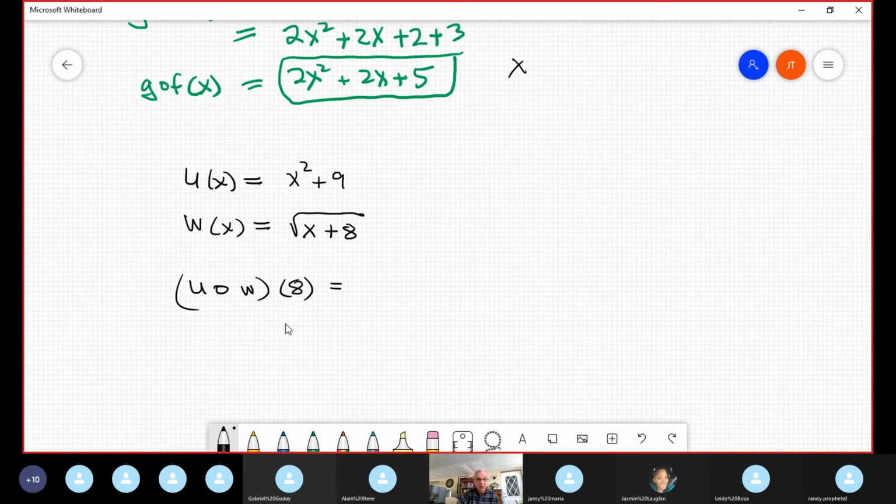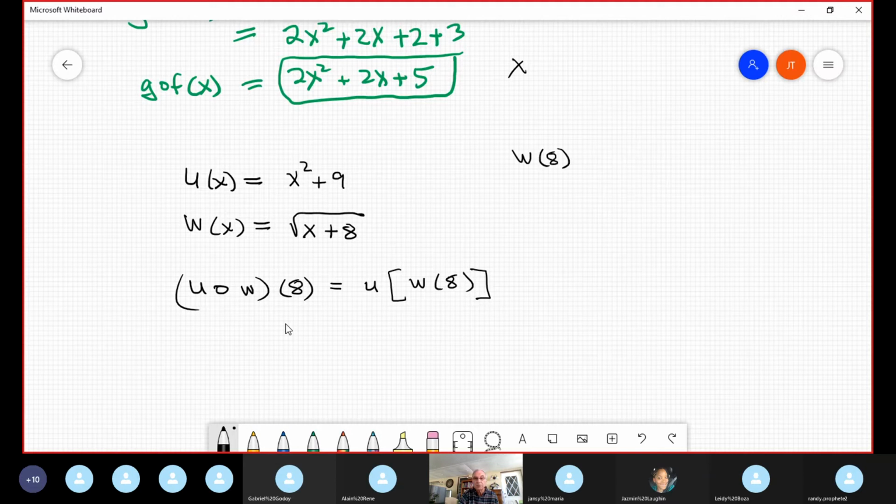So basically, the interpretation of this is U is the outermost function, and W is the closest. So you evaluate W at 8. Okay, so we compute, for example, W at 8 here in the corner of the paper.